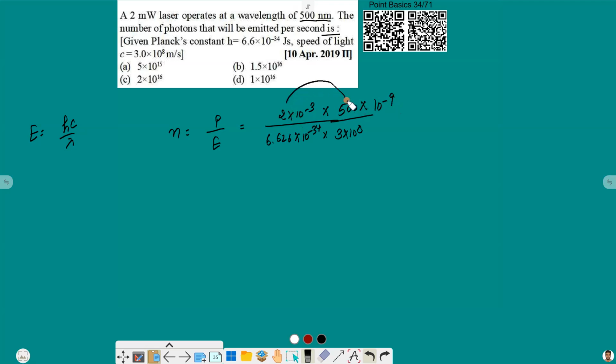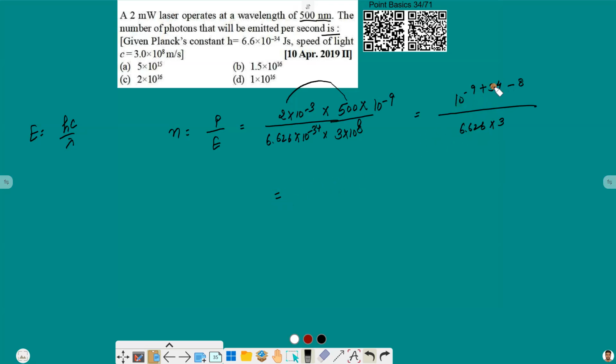So this will give us 1000, and that will cancel 10^-3. So basically we will get 10^-9 plus 34, and this is 10^8, so minus 8 also, and divided by 6.626 into 3.